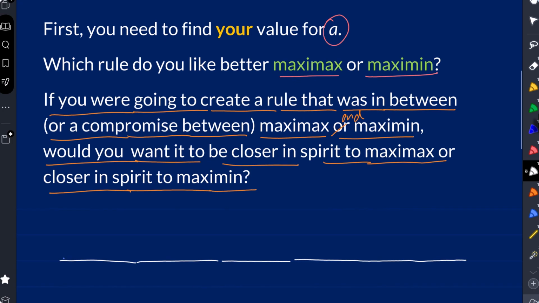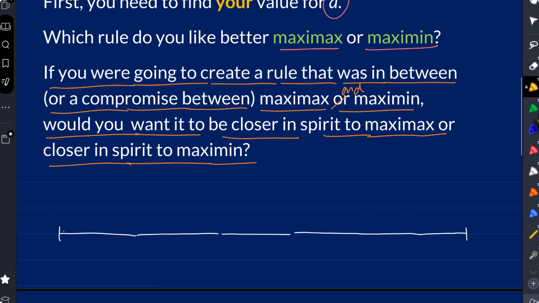Okay, so let's just imagine we have a spectrum here. On this end of the spectrum is 100% maxi-min. So if this is your rule, let's say you're the type of person who has an umbrella even when it's sunny out.